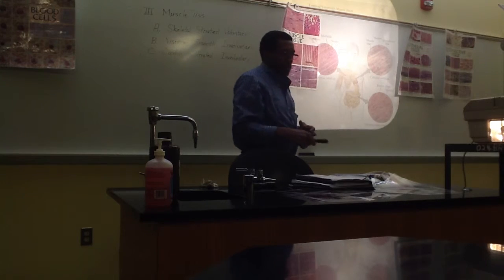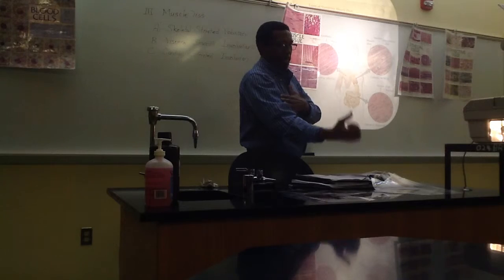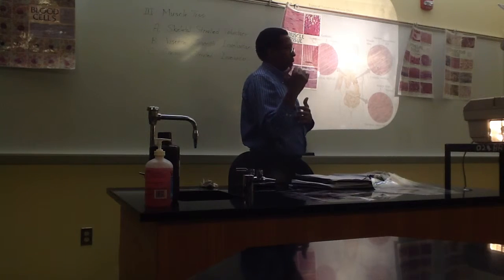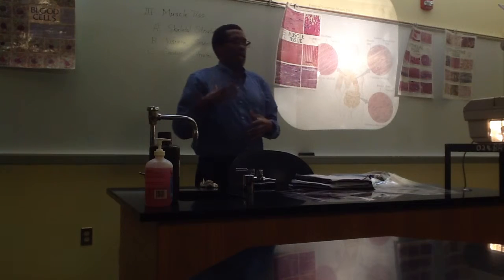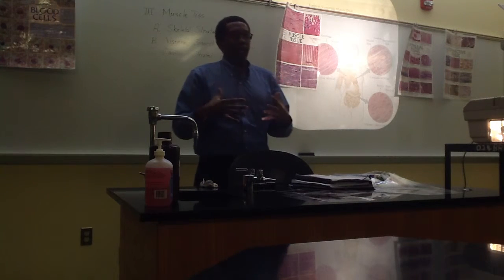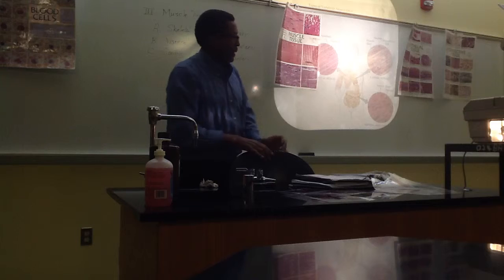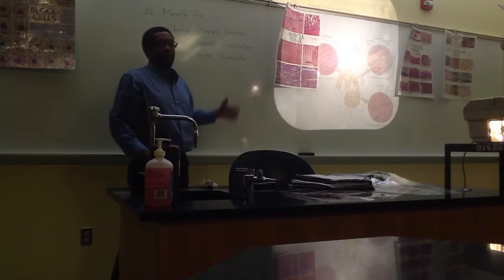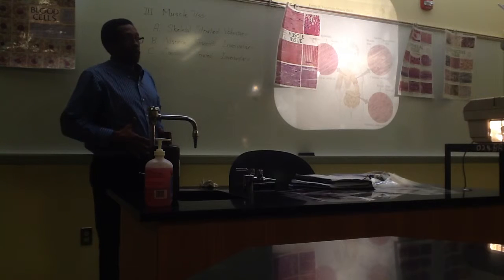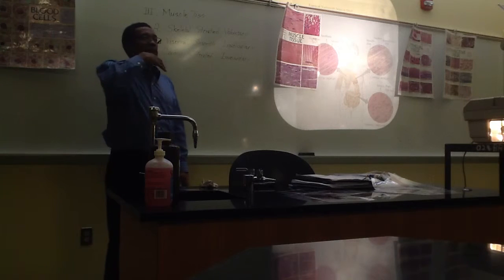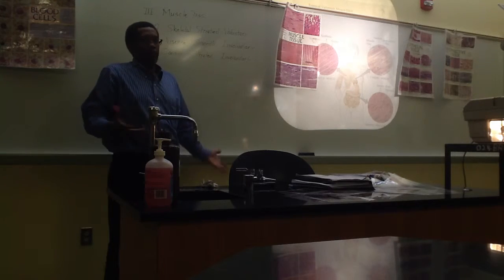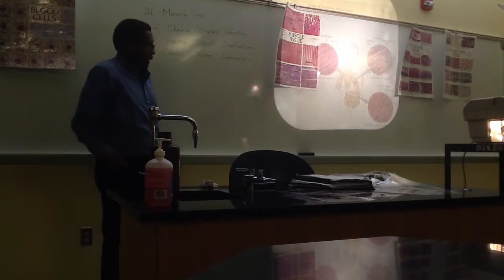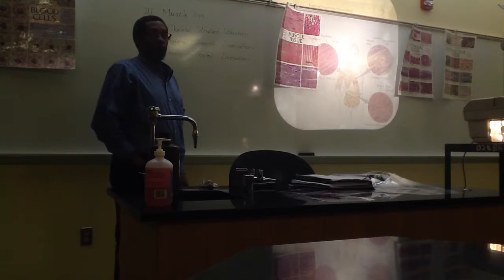Any muscle that you can think about and make contract is under voluntary control. Any muscle that you can't think about and make contract, like the heart muscle, and like the muscles that squeeze your food down when you swallow, the esophagus, all of that is involuntary muscle, okay?